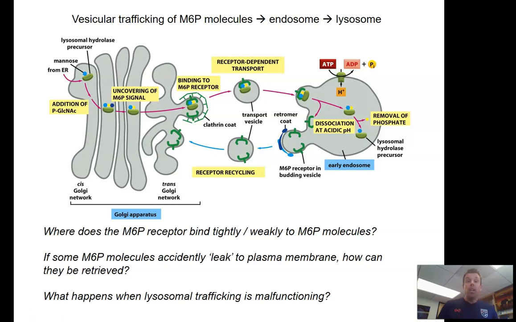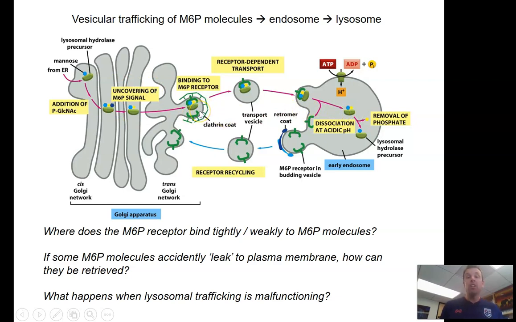So what do you think might mediate that tight binding in one place and weaker binding in another? Well, just like what we saw for the ER retrieval, it's a difference in pH. Only that difference in pH was only like 0.1. Here we have a much bigger difference in pH as you get to the endosome.